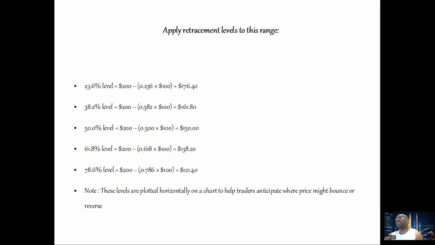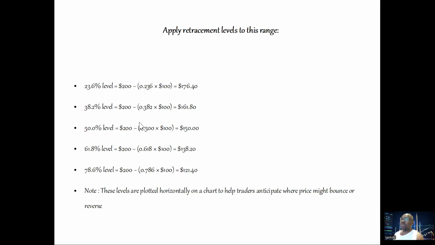So if you like, add zero, that zero doesn't mean anything. So you can see this is how we derive 176.40. We have applied this now, 23.6%. Then 38.2%, if you apply this, this is what you will get.